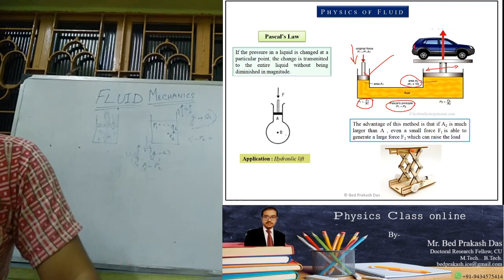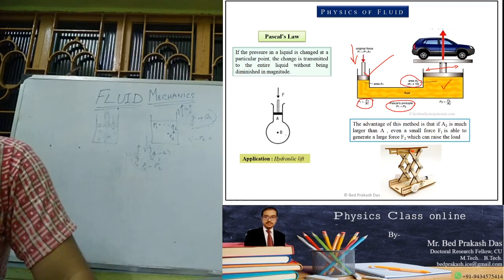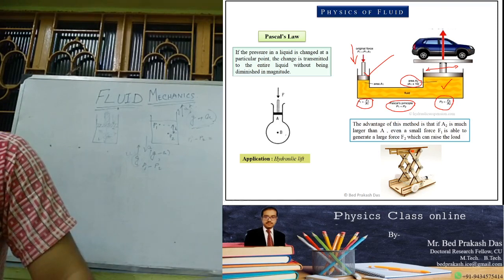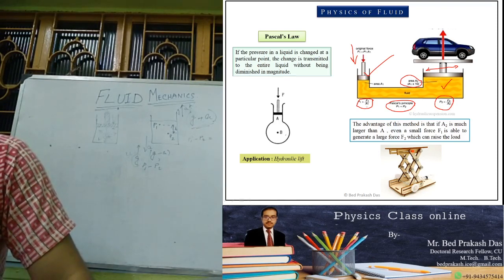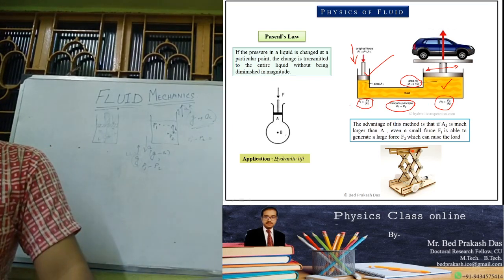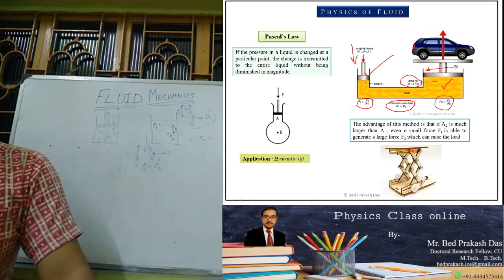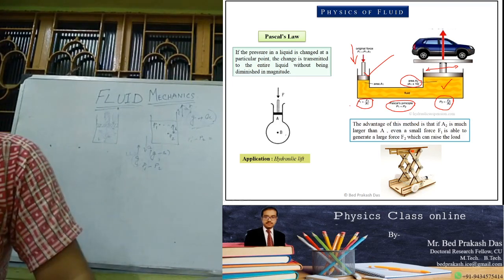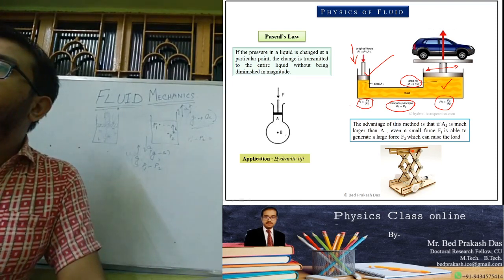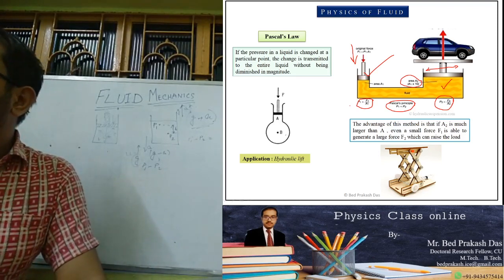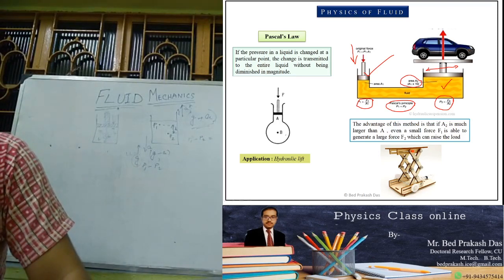So in this particular end of the car, the pressure will be the same, P2 equal to F2 by A2. So now from this the force required will be F1 equal to A1 by A2 times F2, A2 which is 10 times of A1, so F2 by 10, that is with 1/10th of the force, that is the force required to lift the car.